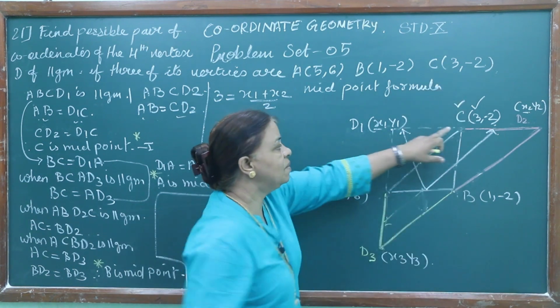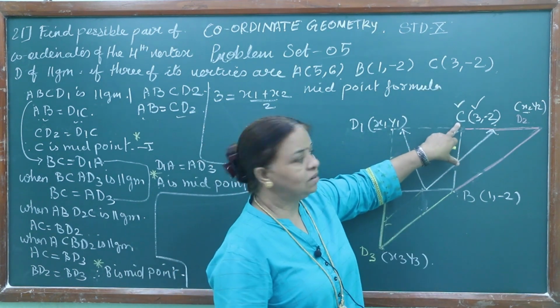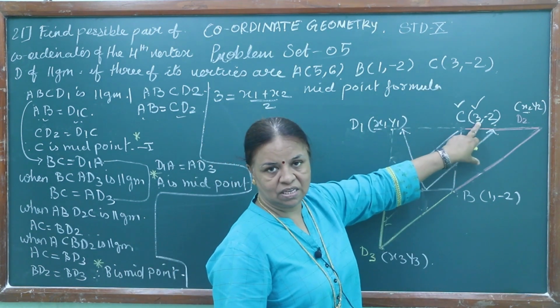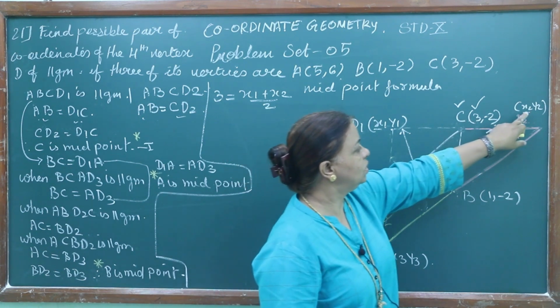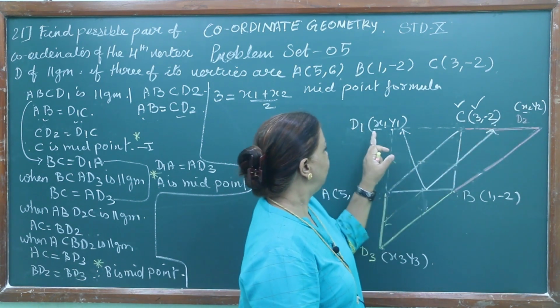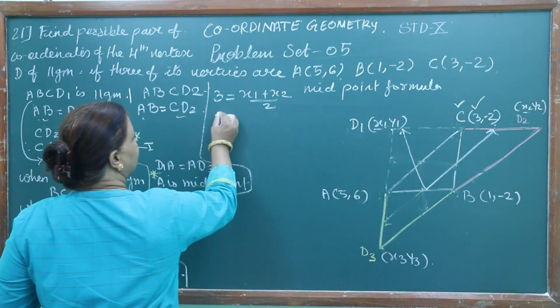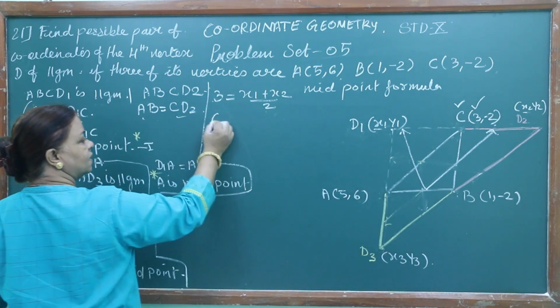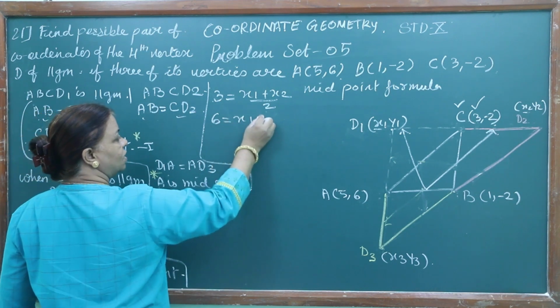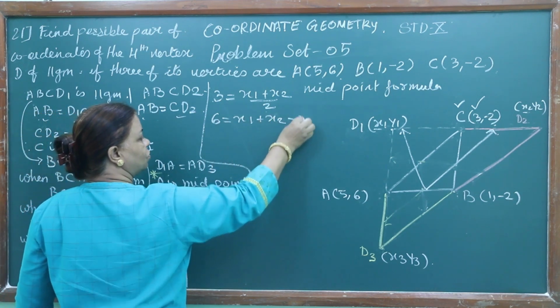See, if C is the midpoint, then we can take the x coordinate of C, which is equal to the x coordinate of D1 plus the x coordinate of D2 upon 2. So 3 2s are 6 is equal to x1 plus x2. First.